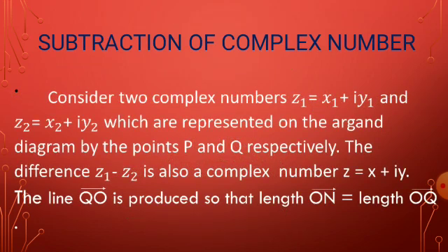Now we know the complex number z is equal to x plus iy, which consists of two parts. One is real part and the other one is imaginary part. Now real part is x and imaginary part is iy.